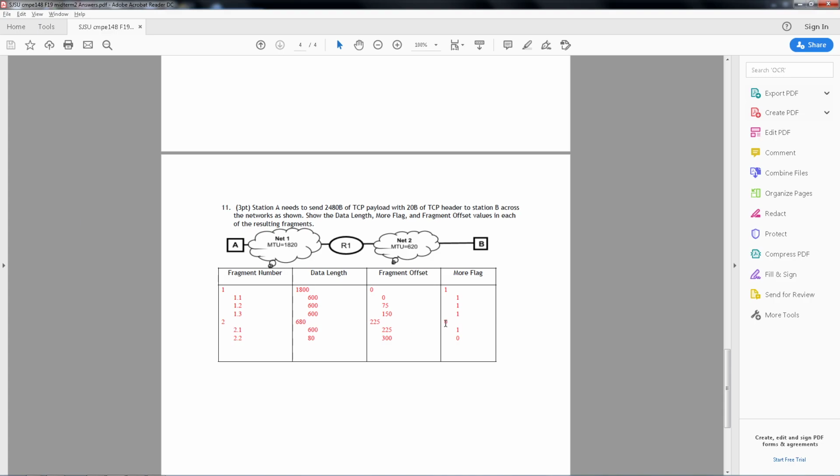But as you notice here, even though the original has a more flag set to 0, the very first fragment is set to 1. Again, this is because we are splitting up the data sequentially. Because there is more data coming after this fragment, when we are splitting up the fragment even further, we must simply set the last fragment's more flag bit to 0.